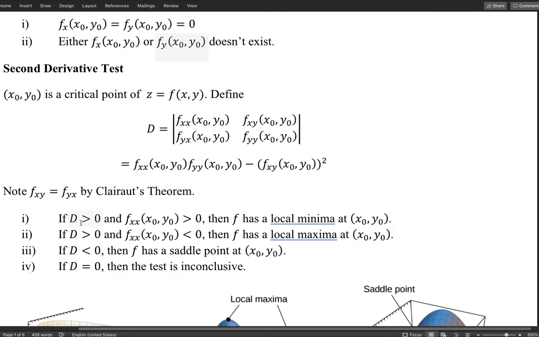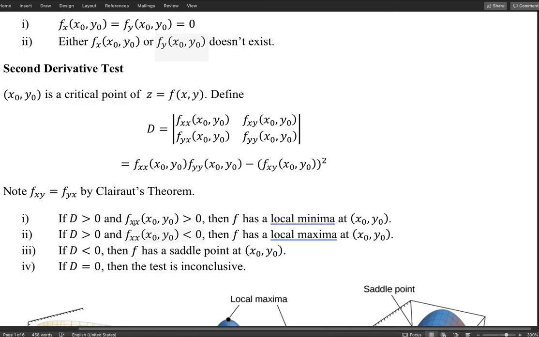If D is positive, and the second order partial derivative with respect to x is positive, then f has a local minimum at that critical point. And if D is positive and the second order partial derivative is negative, then the function must have a local maximum at that critical point. And then another small issue: how do we really remember minimum or maximum?